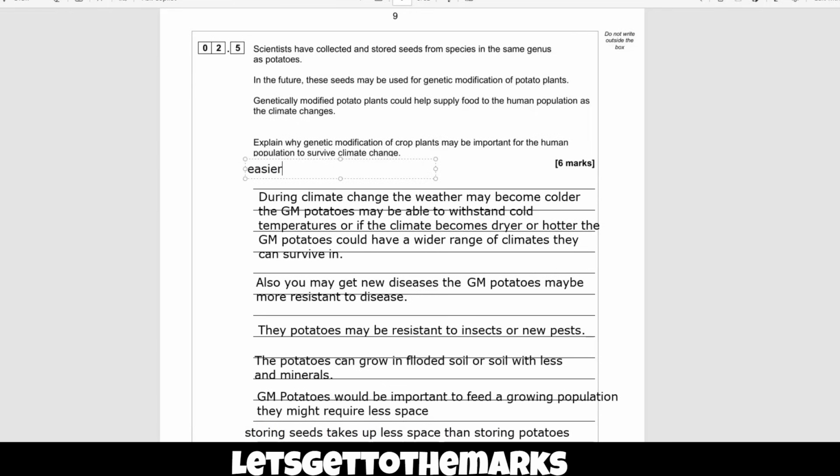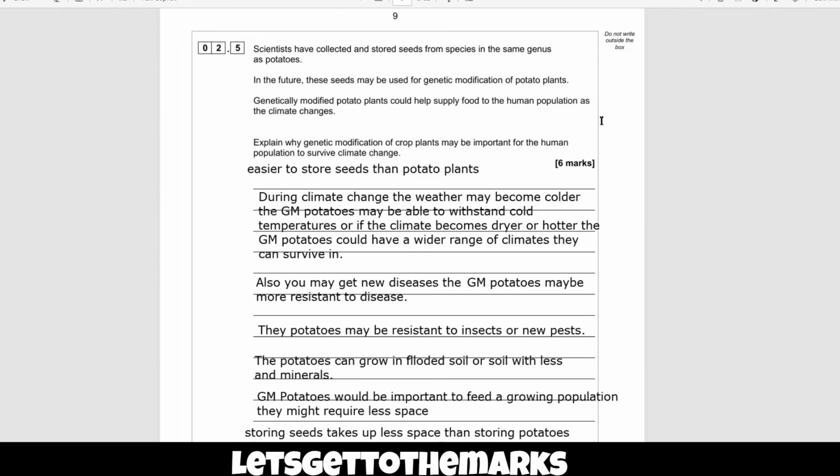So we could also say easier to store seeds than plants, potato plants. If you were trying to keep potato plants alive in an area, it's much easier to store seeds. They just need to be kept dry, away from water and cold or cool, and then they won't germinate.